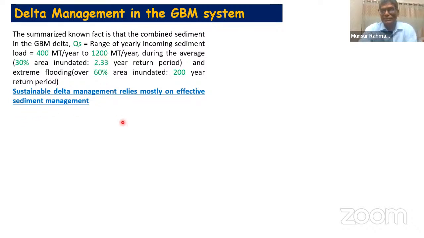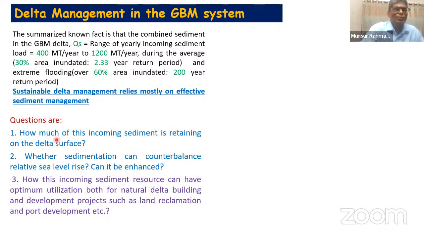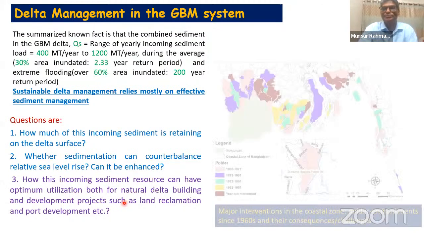But there are some questions: how much of this incoming sediment is retained on the delta surface, whether the sedimentation can counterbalance the relative sea level rise, and can it be enhanced? And the next issue we need to answer is how this incoming sediment resource can be utilized in an optimum way for delta building and also for supporting development projects.